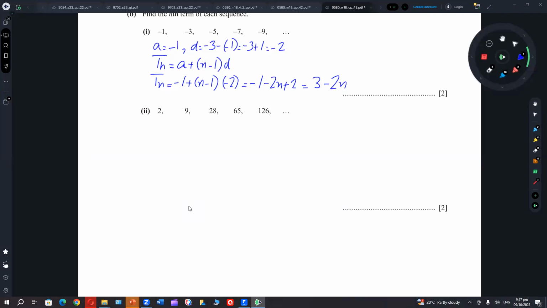The difference is 13. Very strange sequence. 2, 9, 28.